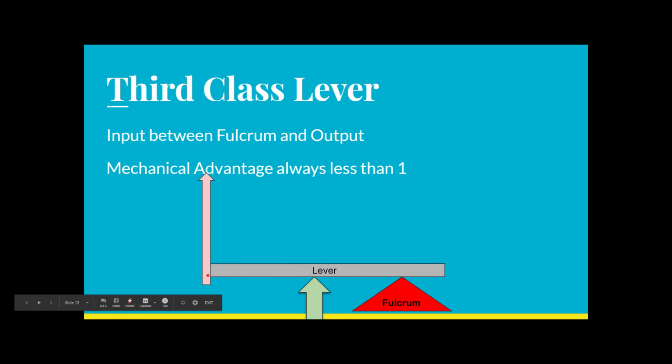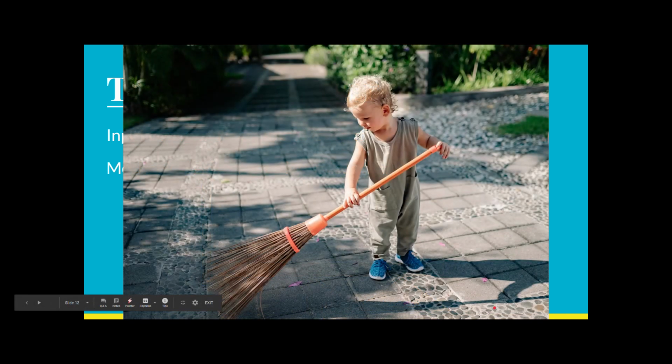And as we looked at with the trebuchet, that means that the output is going to be moving faster. So this is really good for situations where you need to move something quickly, but you don't need a lot of force. And a really good example of that is when you're sweeping.